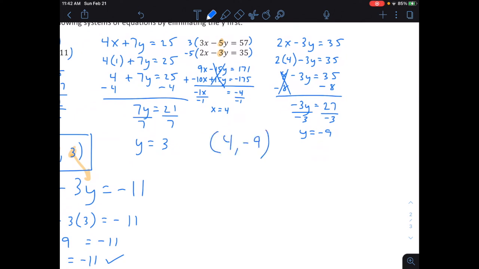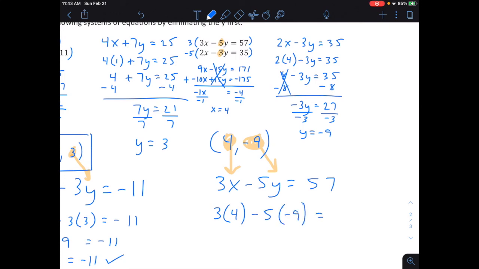I'm going to know for sure when I plug it into this. 3x minus 5y equals 57. That's the one I didn't use to find y, so I'm going to plug both numbers into that. So again, this one goes there, this one goes there. So we have 3 times 4 minus 5 times -9.